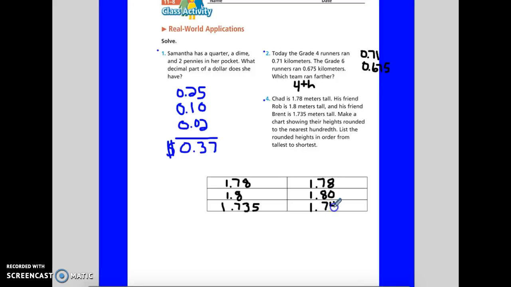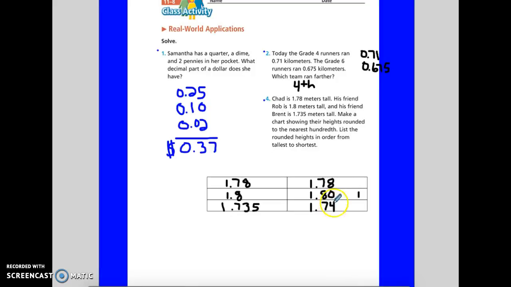So now they want us to place them in order from the tallest to the shortest. So the biggest number to the smallest number. So I look, all my 1s are the same. So now I go to my tenths. And we've got an 8. So that's going to be my first biggest one. And then I have 2 7s. So my second is tied, so we have to go all the way over here to our hundredths.